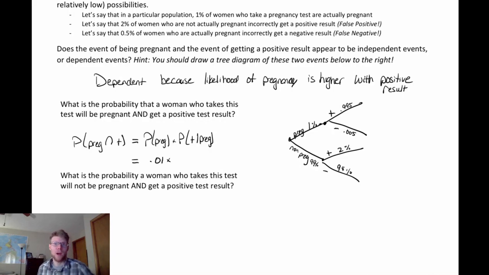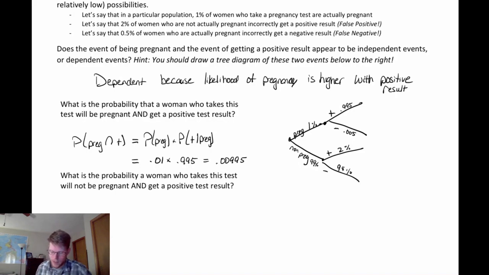The probability for positive given pregnant is this 0.995 value. And that would be 0.00995. So not a whole lot of correctly positive results because there's just not a lot of pregnant women in this population.